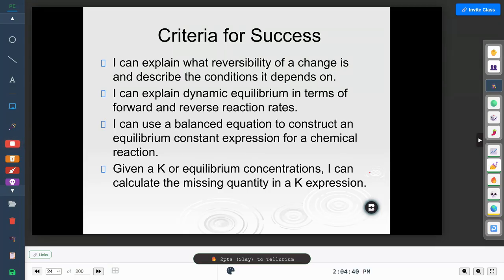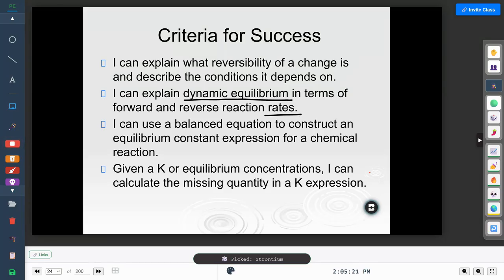All right. Dynamic equilibrium. Tell me what it means in terms of forward and reverse reaction rates. This is going to go to strontium. For dynamic equilibrium, so forward reaction is basically when the reactants are turned into the final product, and then reverse reaction rates are basically when the product is decomposing back into the reactants. Okay, so yeah, you're describing the idea of a forward and reverse reaction, but I want to hear about dynamic equilibrium with regard to rates.